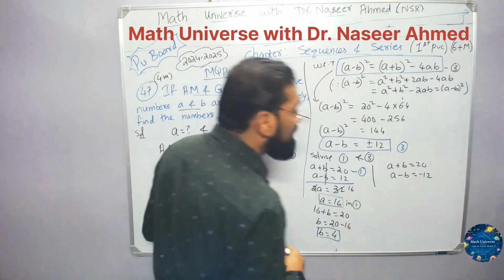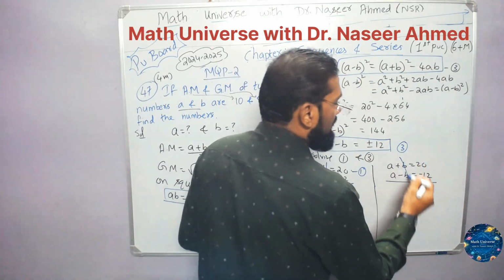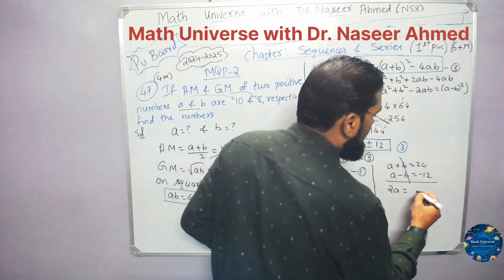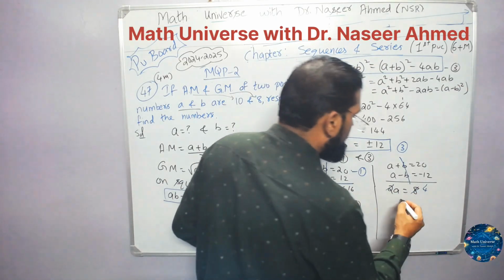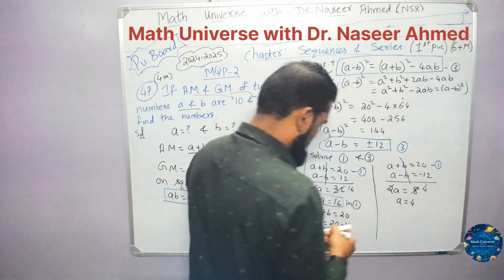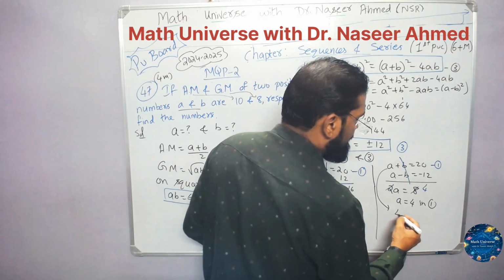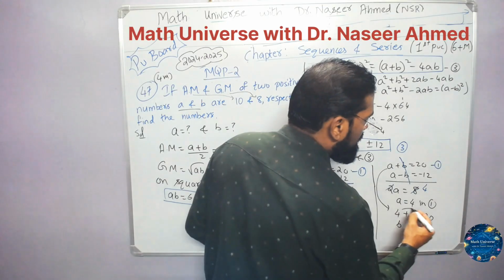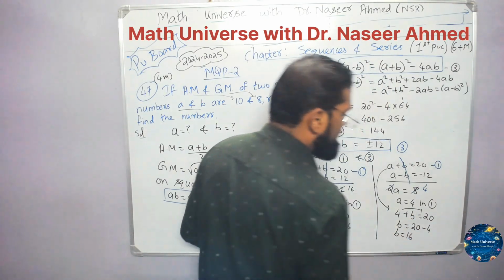Yes, we are getting. Similarly, for the negative 12, again if I go for elimination method, B minus B will get cancelled. A plus A will be 2A, and 20 minus 12 will be 8. So 2A is 8, so A is equal to 4. Now if I put in equation number 1, A is 4, then plus B is equal to 20, or B is equal to 20 minus 4, which is 16.